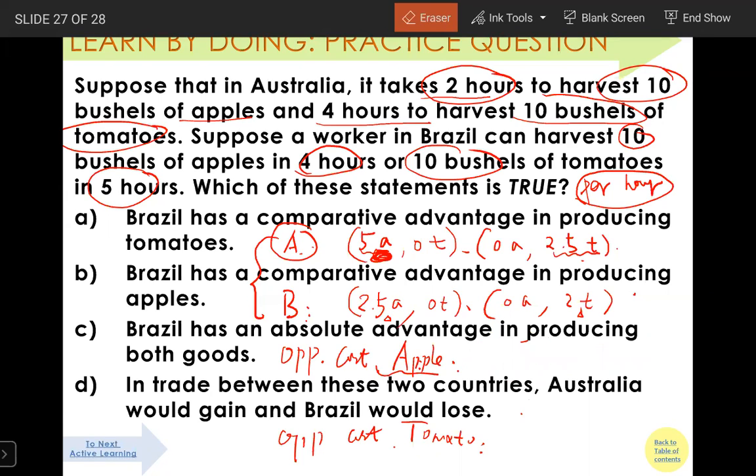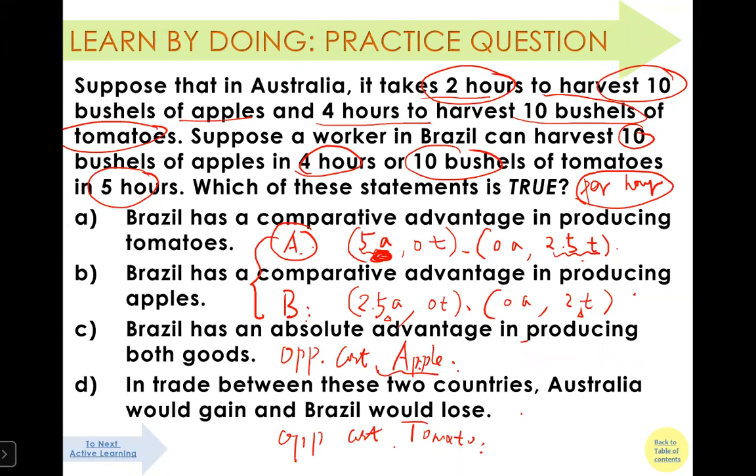Opportunity cost of apple. Okay, so opportunity cost of apple in Australia. So in order to produce 5 apples, they must give up 2.5 tomatoes. I think it was correct. And then they give up 2 tomatoes to gain 2.5 apples.